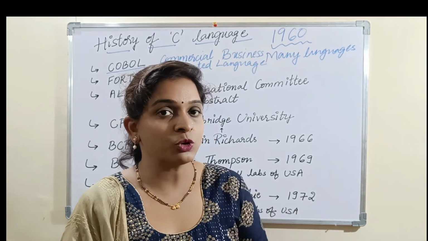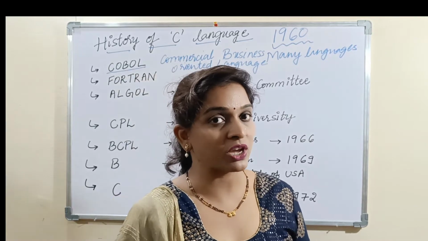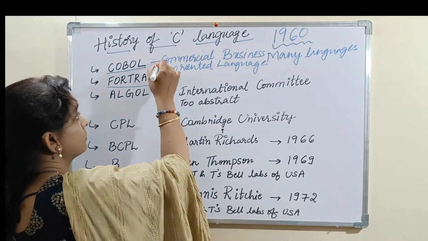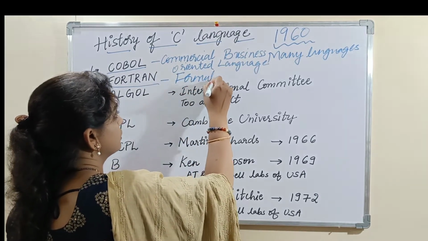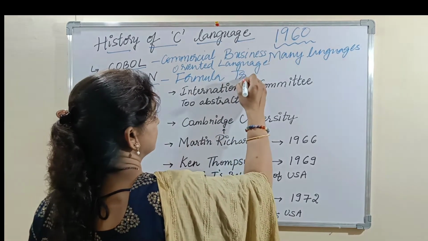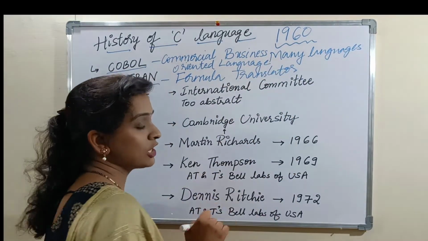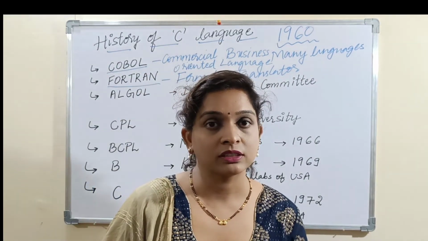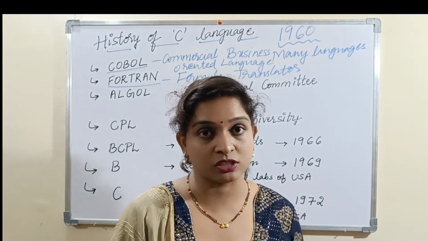Then later, they started with some more languages. The next language which came into existence was Fortran, which stands for Formula Translator. This language was specially designed to deal with scientific and engineering applications.